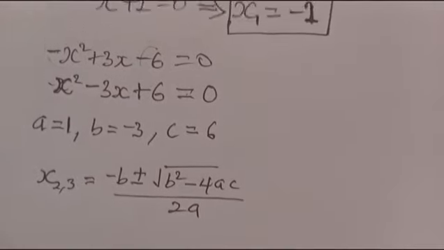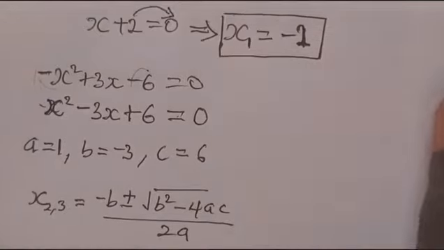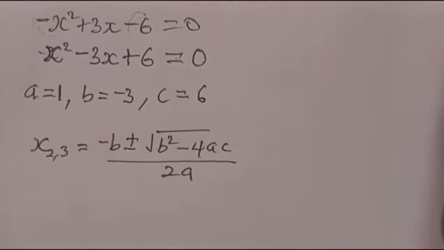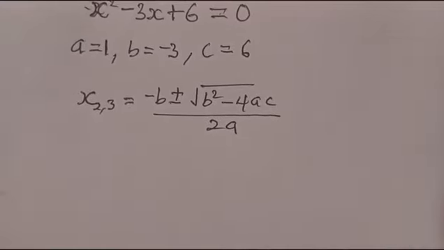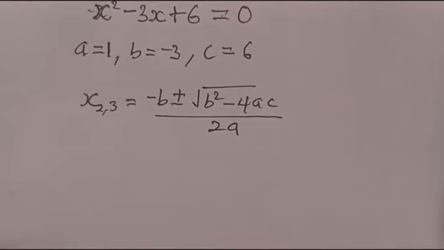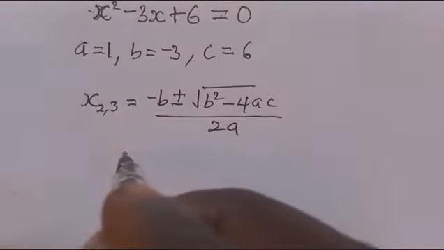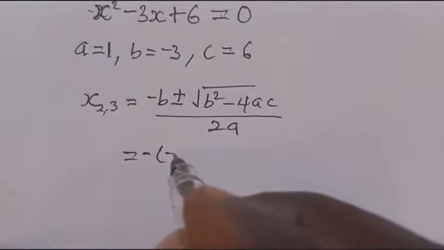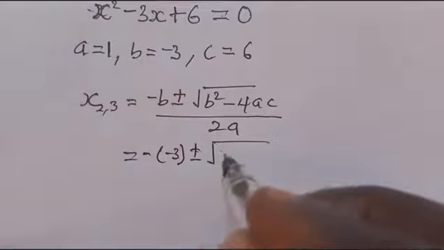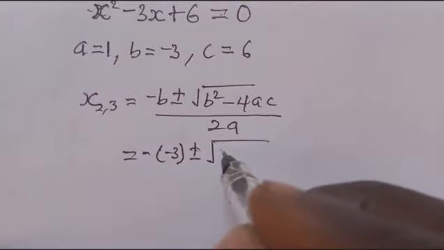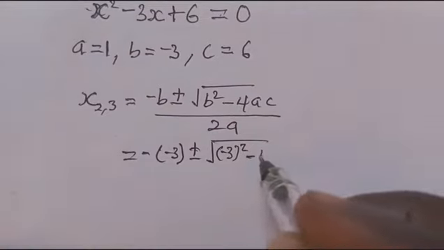Okay, if you do this, you are going to have our b, since we know our b to be minus 3, then we can easily say minus into minus 3, plus minus square root of b is minus 3. We square it, then minus 4.